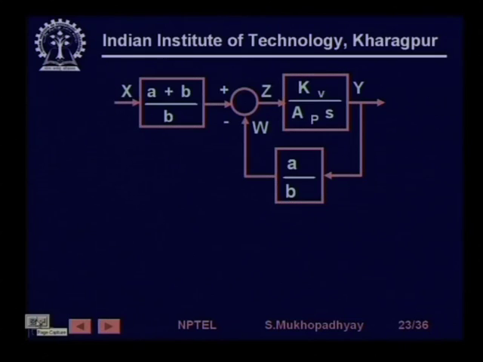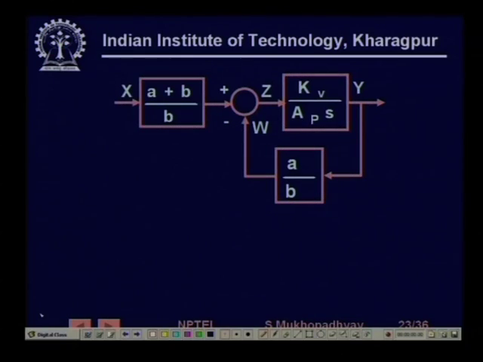So, you have an effective feedback arrangement where this is the motion created by the motion X, this is the motion created by the feedback W, and this is the net motion Z at any point of time. A motion creates a flow and this is the flow gain.